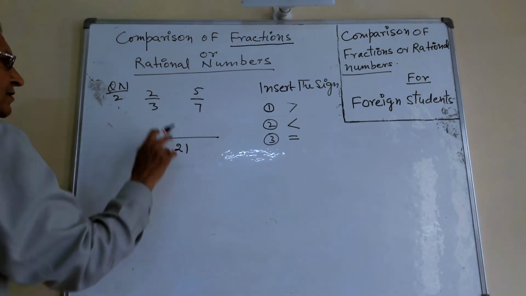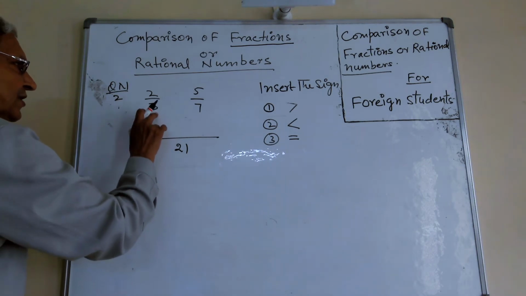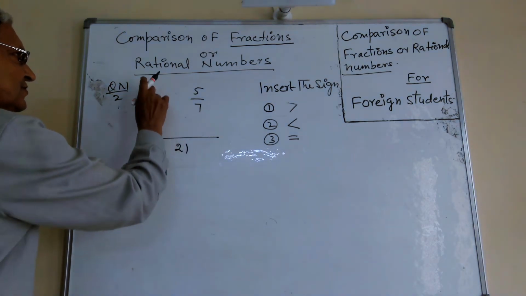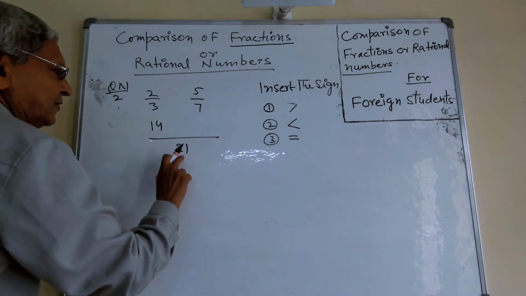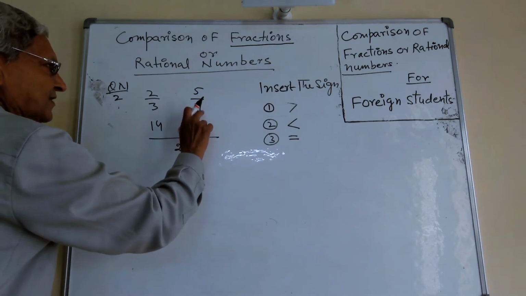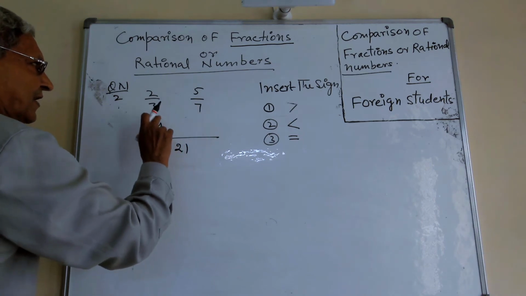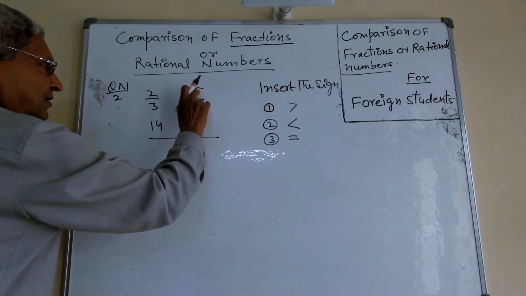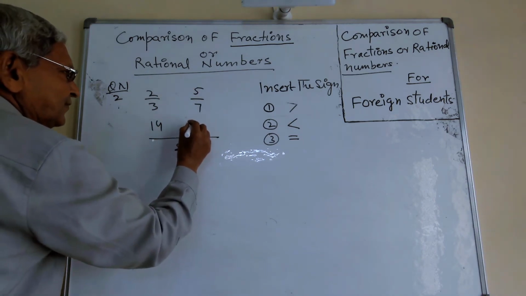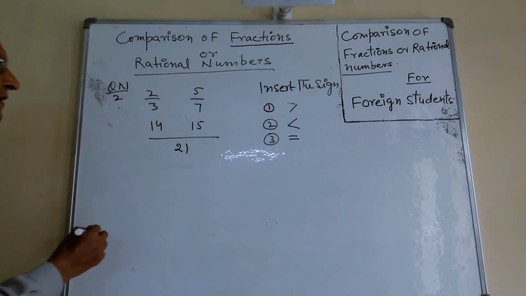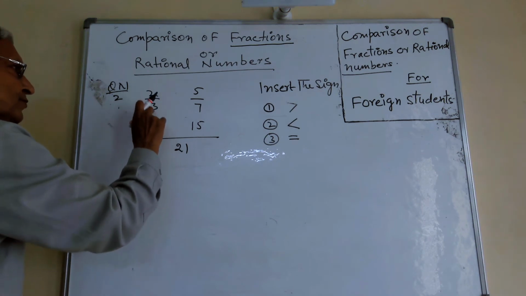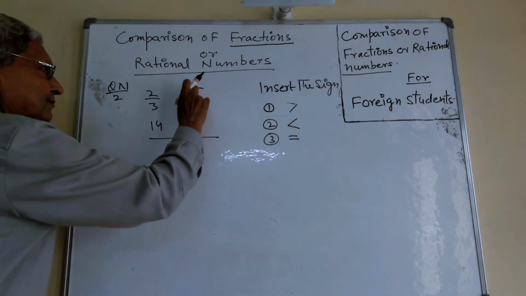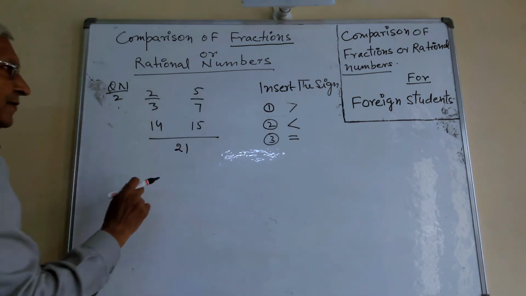Divide 21 by 3, you will get 7. 7 into 2, 14. Divide 21 by 7, you will get 3. 3 multiplied by 5 is 15. Here you see, 14 from 2 by 3, and 15 from 5 by 7.